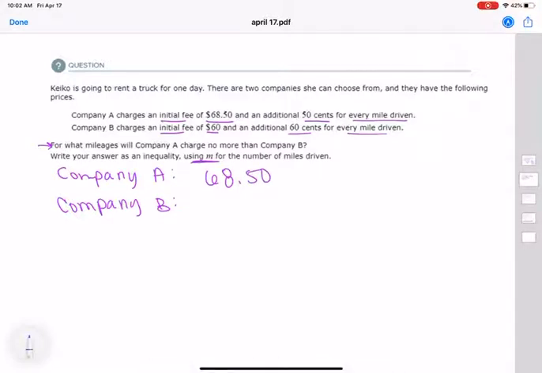A lot of times I see students just put plus 50, but remember we have these dollars, so this 50 cents we have to actually write as 0.50, so it all stays the same unit. Every mile driven, they said to use M. The next one was 60 plus an additional 60 cents for every mile driven.